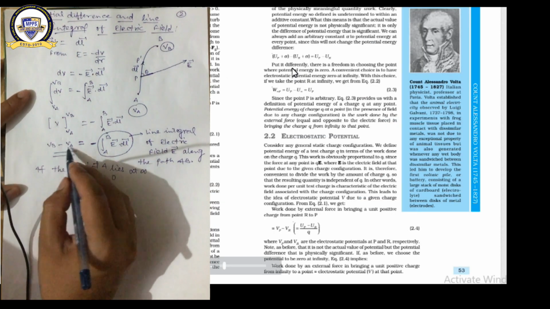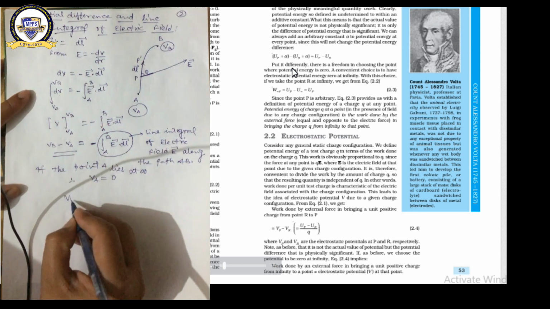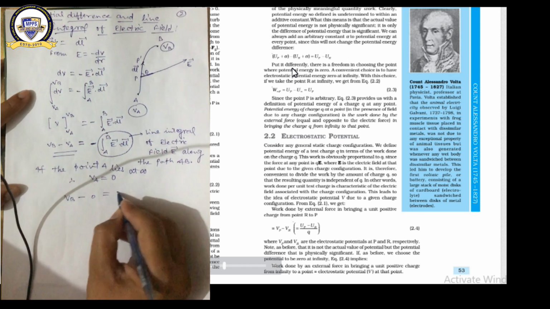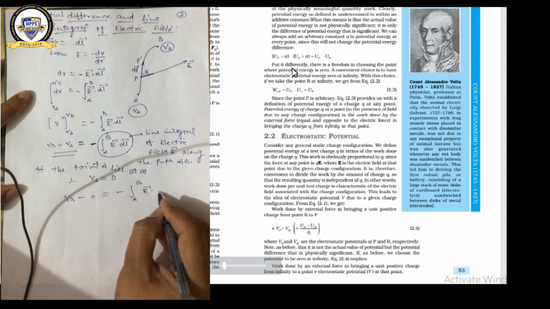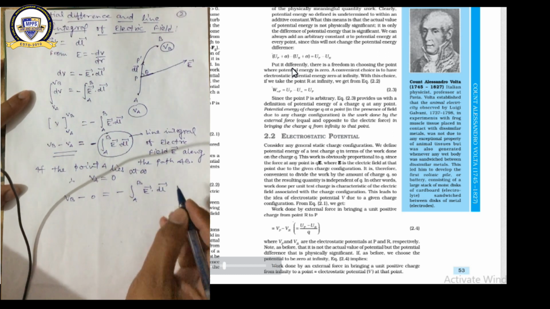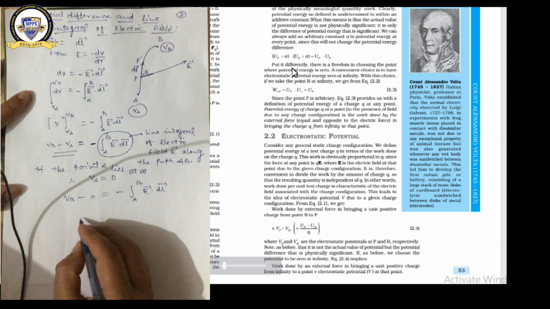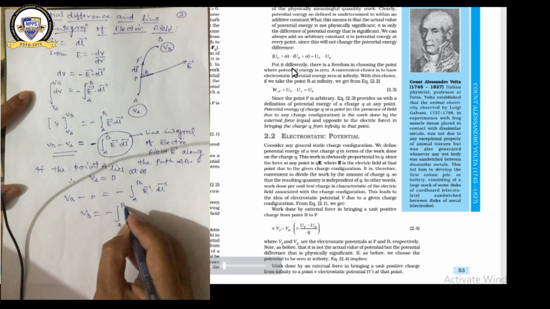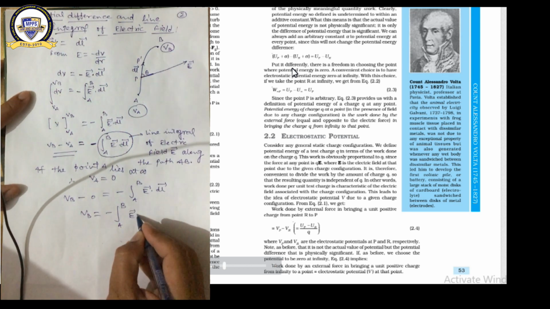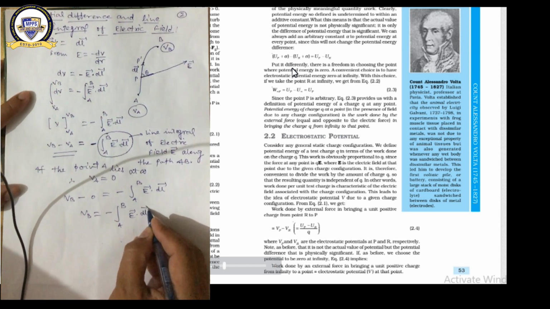So we can write this relation: VB minus 0 is equal to minus the integral from A to B of E dot dl. So we can write VB is equal to minus the integral from A to B of E dot dl.